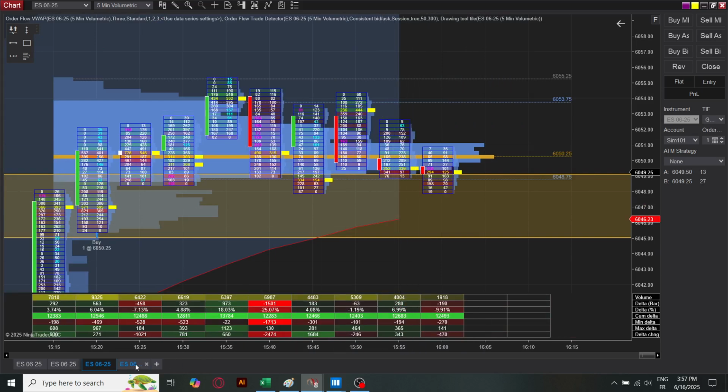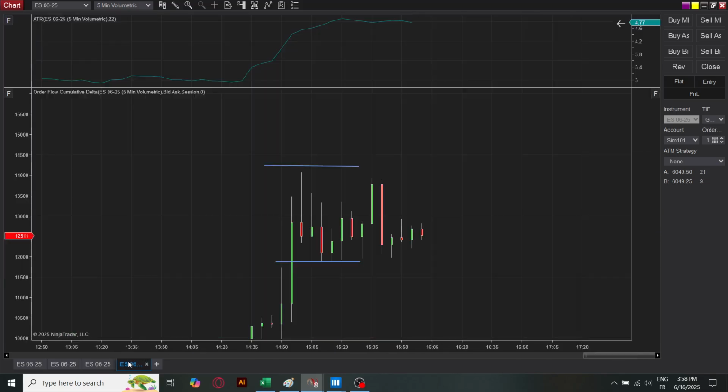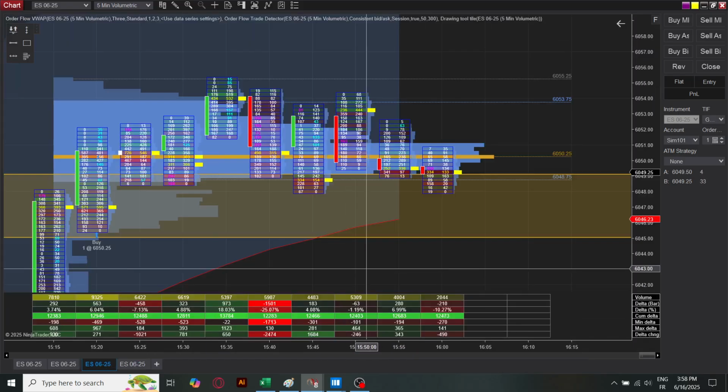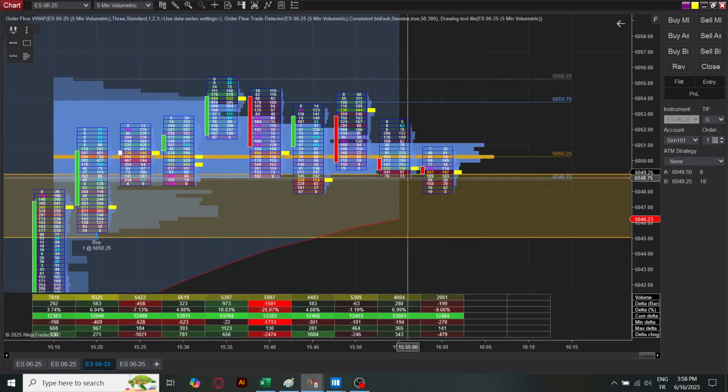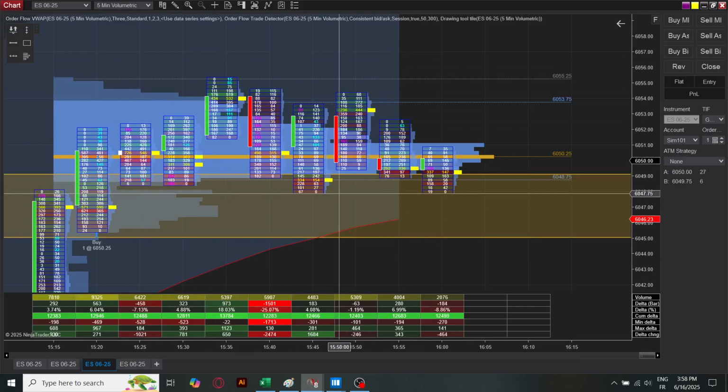So if cumulative delta closes just below this, I know I have to go short. And this over here is an iceberg order.